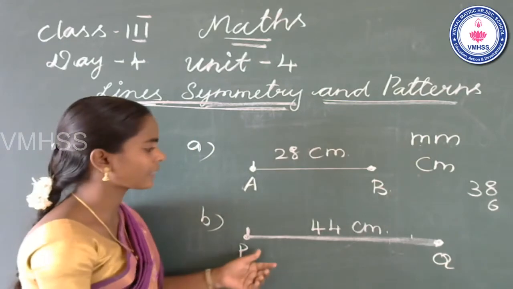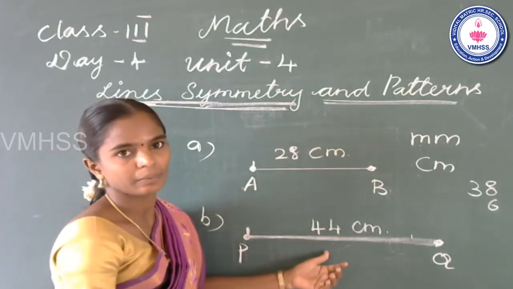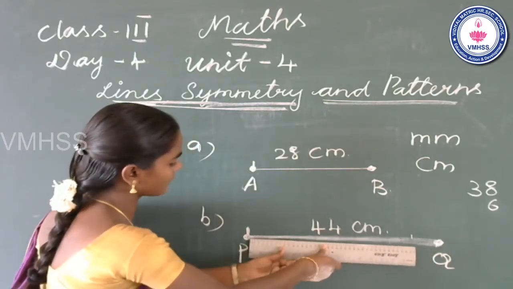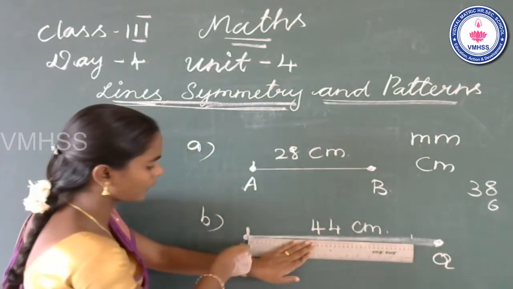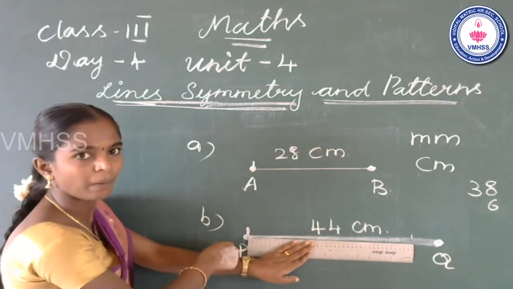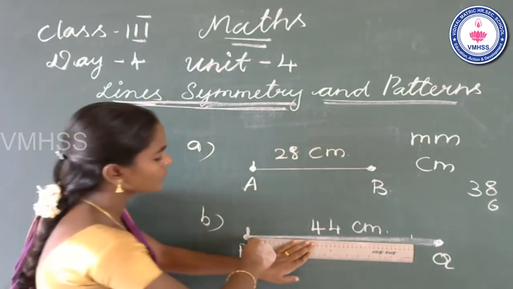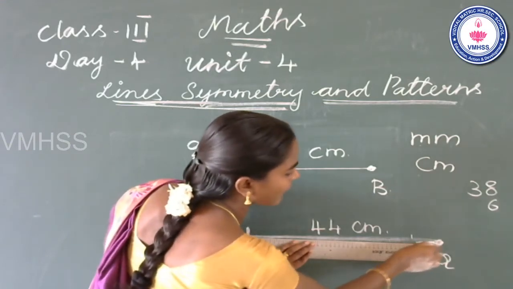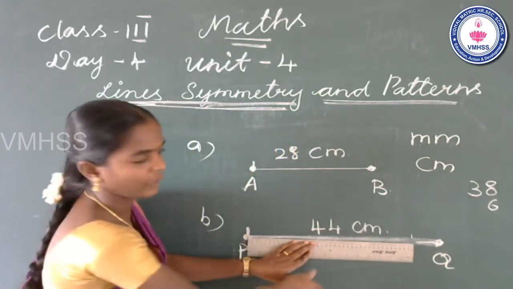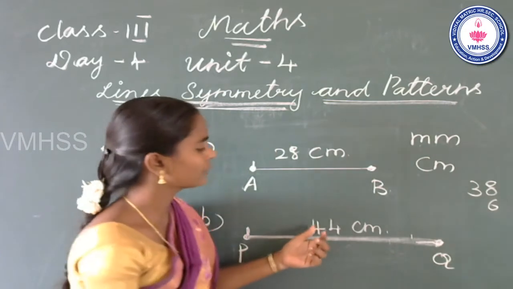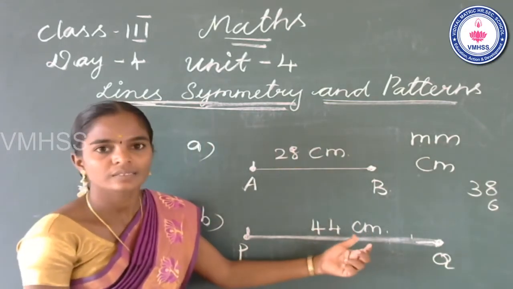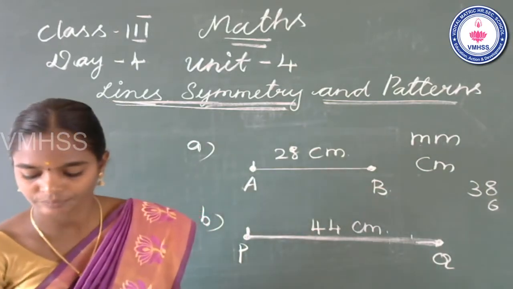Children, keep the 0 at the end of the ruler at the starting point P. The ruler shows 38 centimeter, next the balance 6 centimeter. So our total length is 44 centimeter. Students, listen.